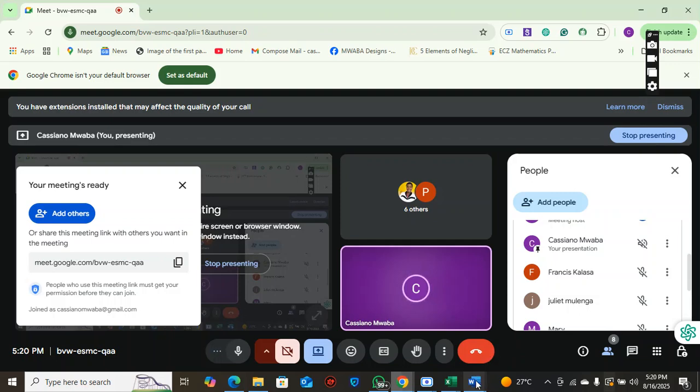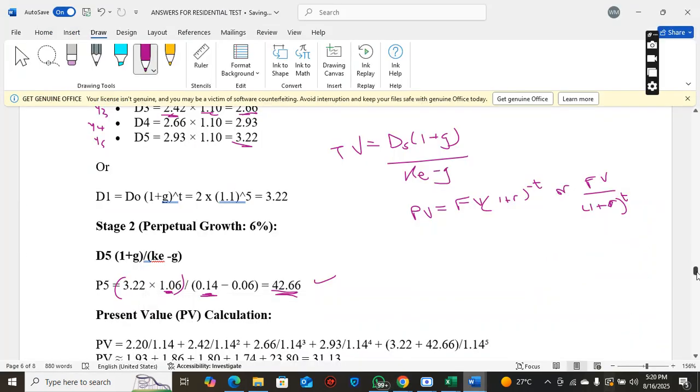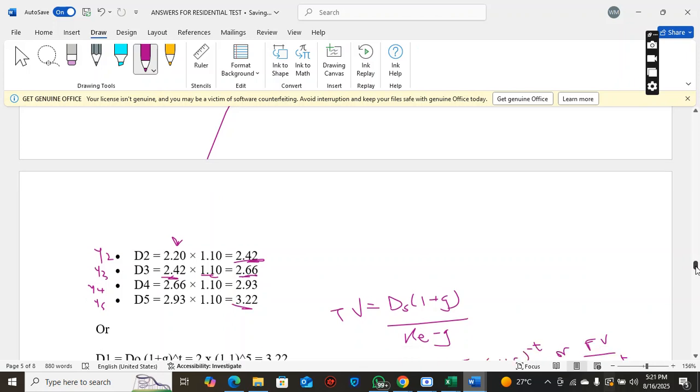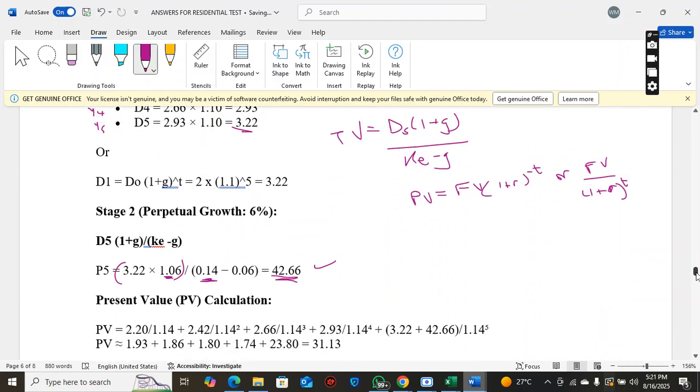Madam Mary, what would we use as our discount rate? Because it's very important. If you use the wrong discount rate, you get the question wrong. Thank you for your contribution, but you're going to use the cost of equity as the discount rate.